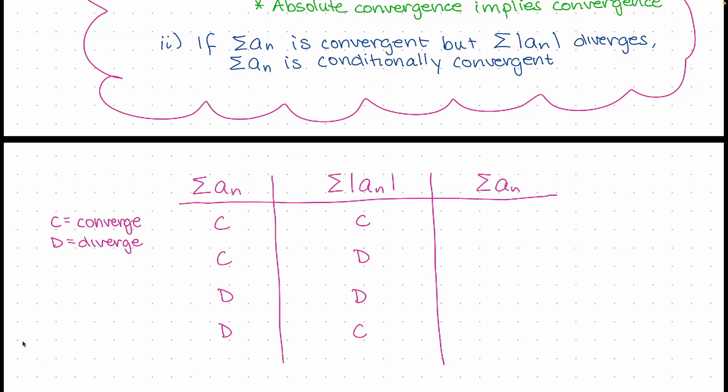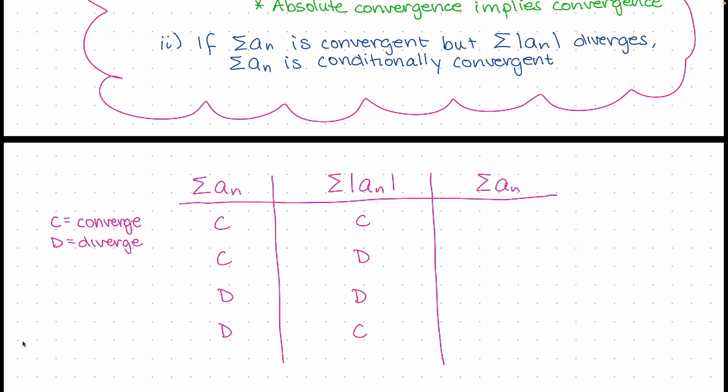What I want to put in the last column is based on these. Does that mean that the summation of a sub n absolutely converges or conditionally converges? So if both of them are convergent, does that mean that the series converges conditionally or absolutely?